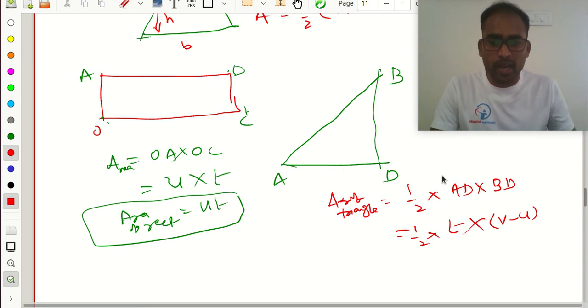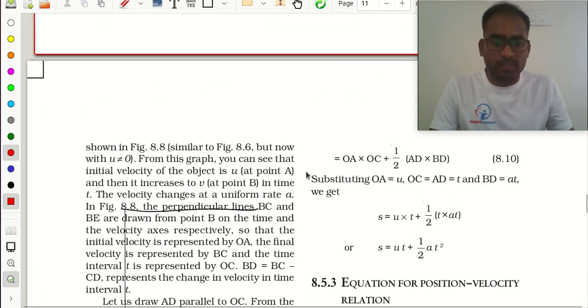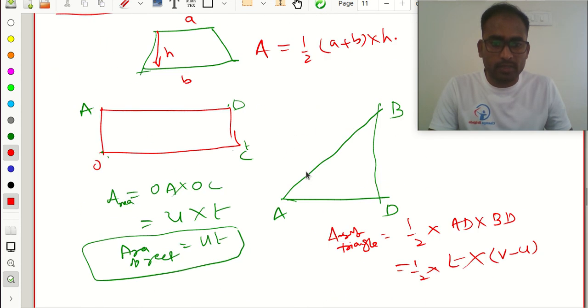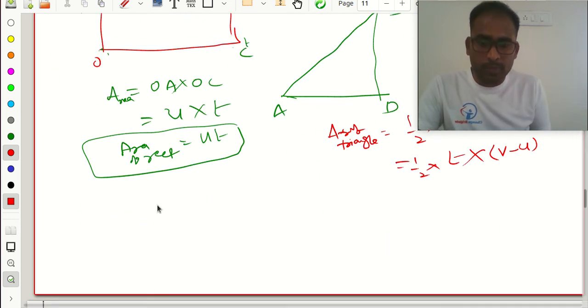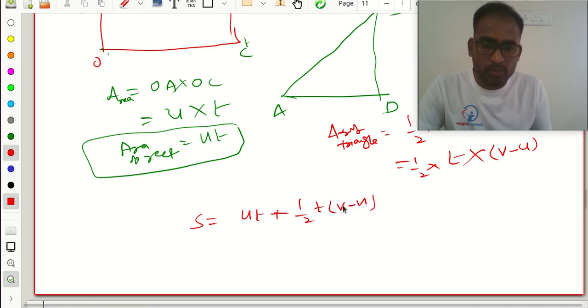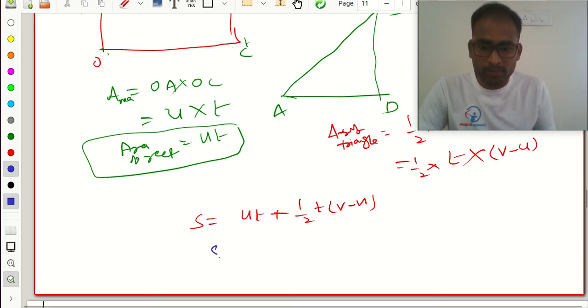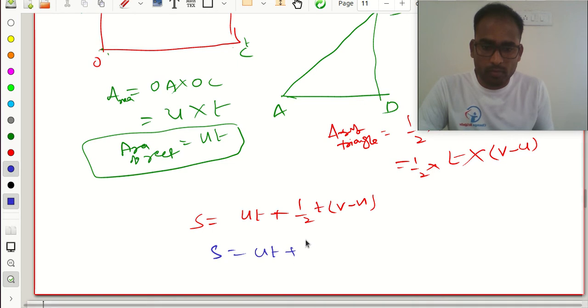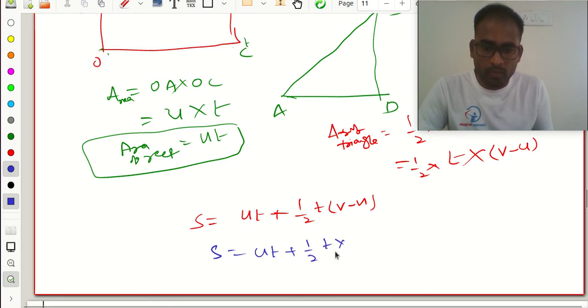So I need to add these two areas. So displacement S is equal to UT plus half into T into V minus U. What is V minus U? I can write this V minus U as AT only, na? Why?